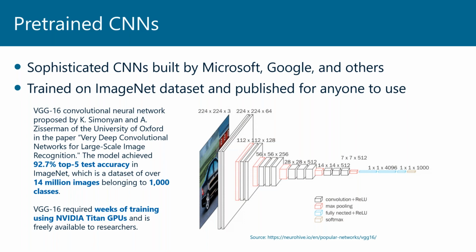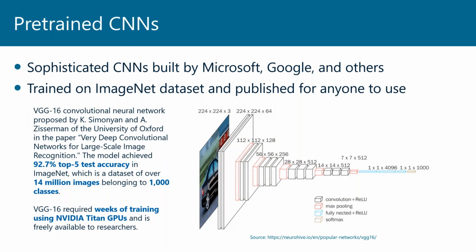That means if we need a super sophisticated CNN that can look at a photo and determine whether one of the objects that CNN was trained to recognize is in the photo, we don't have to build any neural networks. We don't have to do any training. We just download the networks that these guys have already trained.